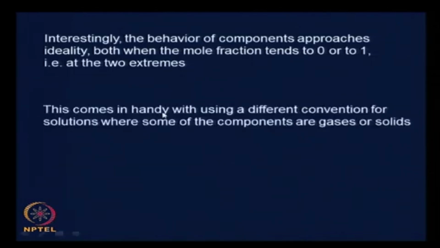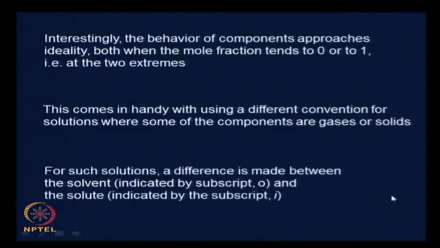We did that by noticing that at the extremes, that is when the mole fraction either tends to 0 or 1, the behavior is ideal. We had used that fact, and then we had come up with a separate expression for the solvent and a separate expression for the solute. Both need to be used together in the model for chemical potential. The solvent is indicated by the subscript O and the solute is indicated by the subscript i.